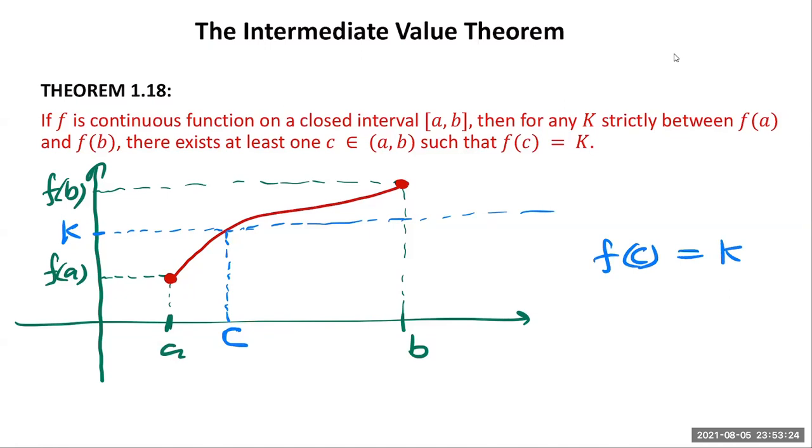So that means such a C exists, okay? There exists C in this open interval a comma b, such that f of C is exactly that value k, which is stuck between f of a and f of b. That is the geometric idea of the intermediate value theorem, okay?